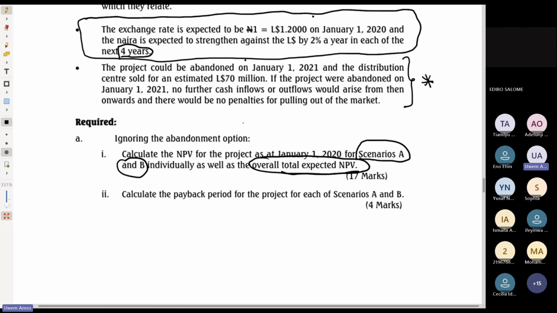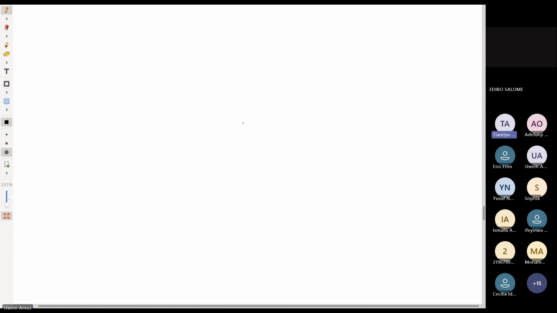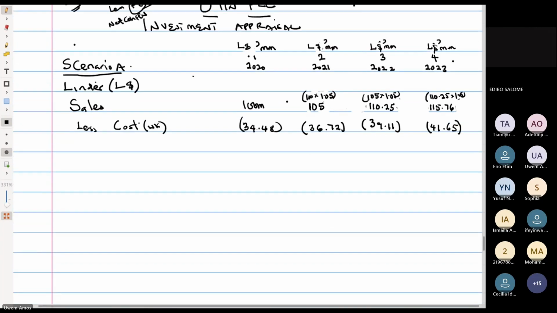All right, so let's get our cash flow before tax. So our profit. 100 million minus 34.48, what do we have? 65.52 by my calculator. 105 minus 36.72 by my calculator.